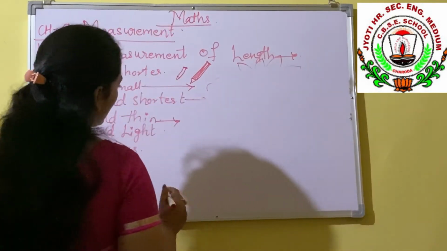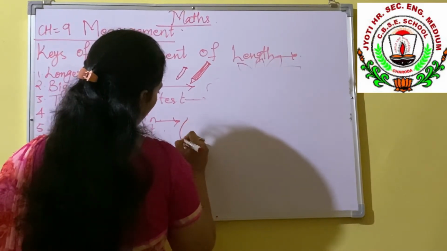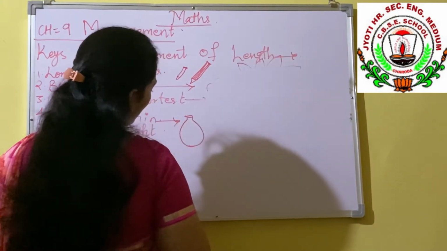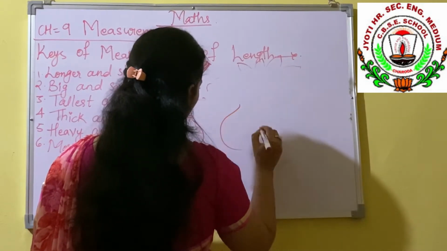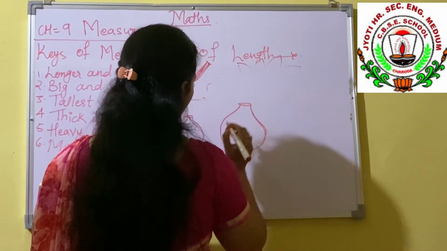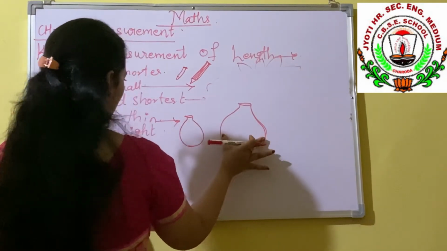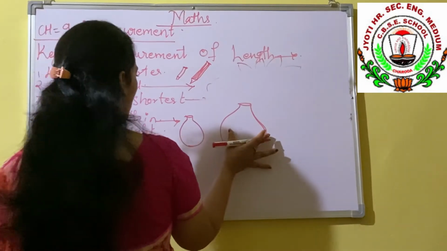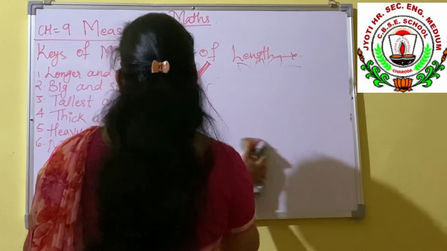Here we are having one pot, this one is thin and this one is thick. Like this we can identify thick and thin things.